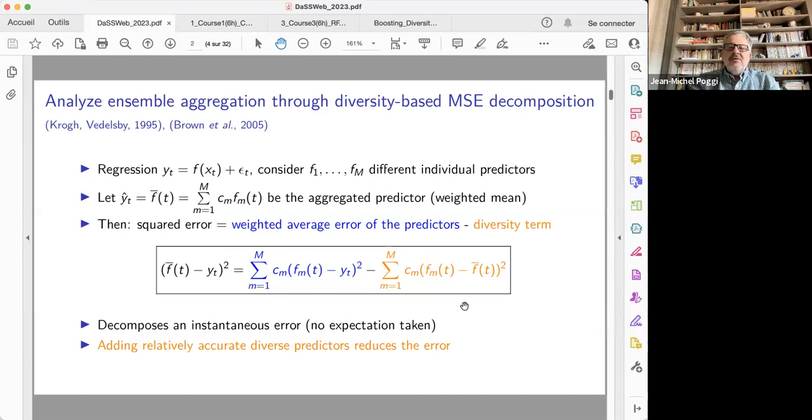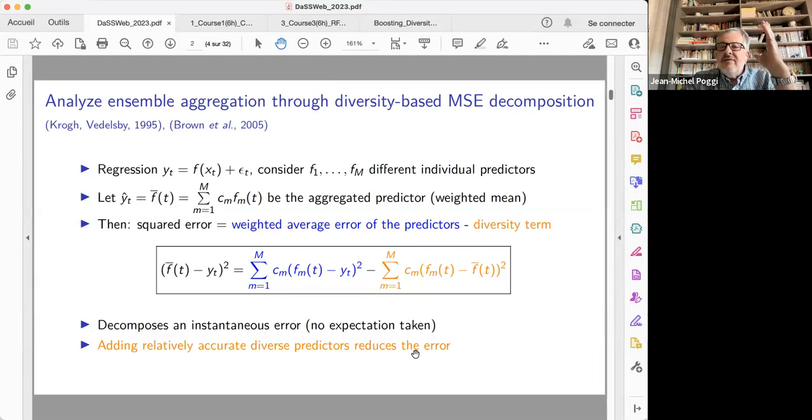For example, if you consider a given set of experts and try to combine these experts in the best way, the question could be how to increase the diversity of the set in order to improve the performance of the aggregated predictor.